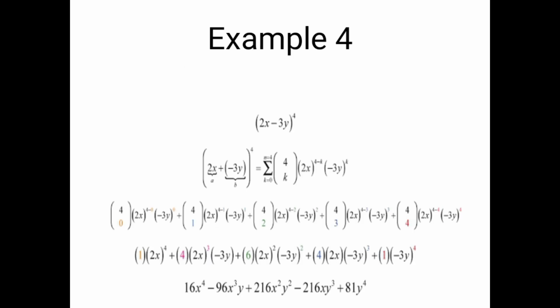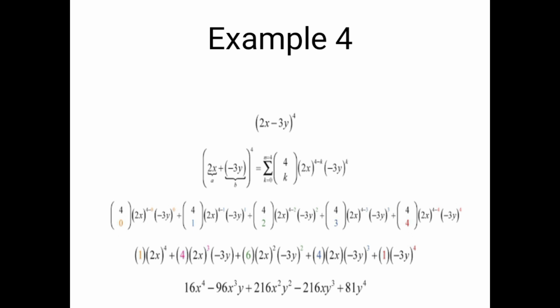Example 4. Now let's expand (2x minus 3y) raised to the power 4. Now we have that (2x minus 3y) raised to the power 4 can be written as (2x plus minus 3y) all raised to the power 4.